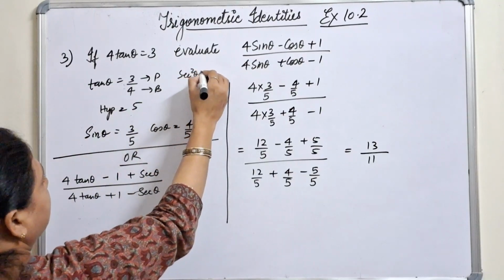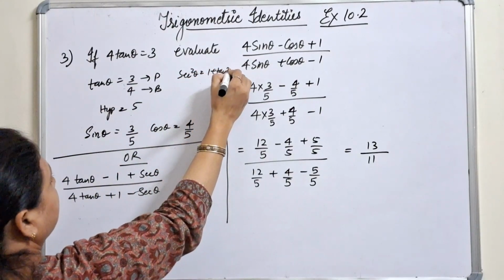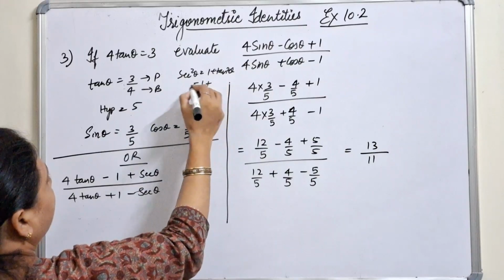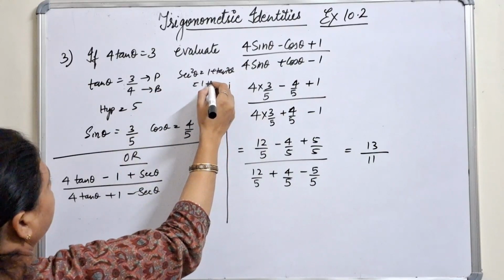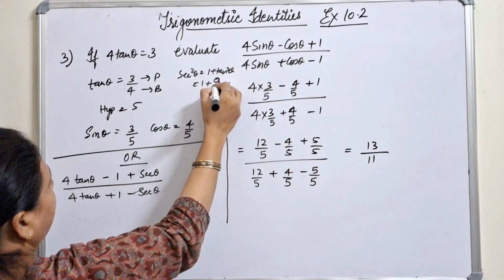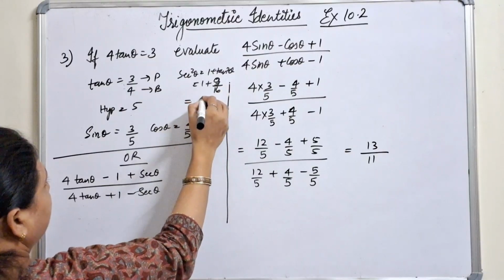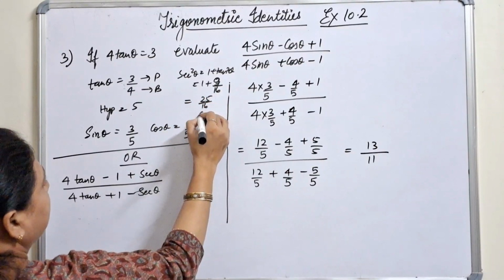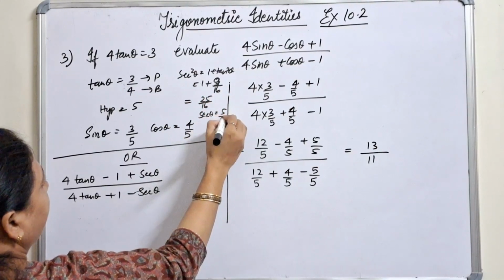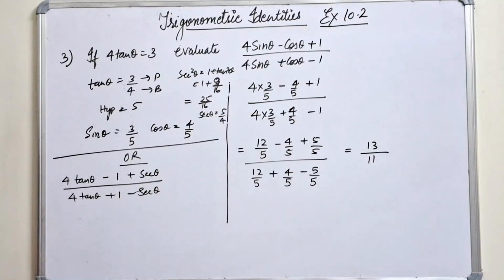So sec square theta is 1 plus tan square theta. So 1 plus 9/16, 25/16, sec theta will be 5/4, or we have cos theta, so we can find the value with the help of cos theta also. So directly substitute the value.